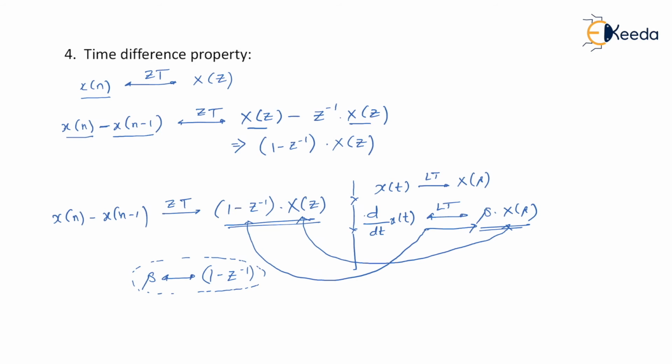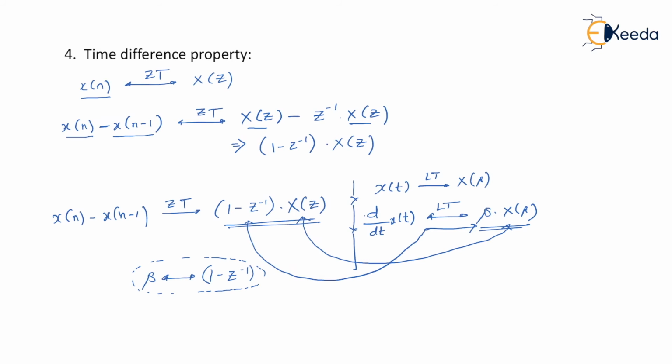I'm just trying to have some analogy. In z transform, we multiply x of z with 1 minus z inverse, whereas in Laplace transform, we multiply x of s with s. So I'm just having some coherence between s and 1 minus z inverse. Please understand, s is not at all equal to 1 minus z inverse, but this type of coherence you will also see in future. So just try to remember when I'm trying to relate.